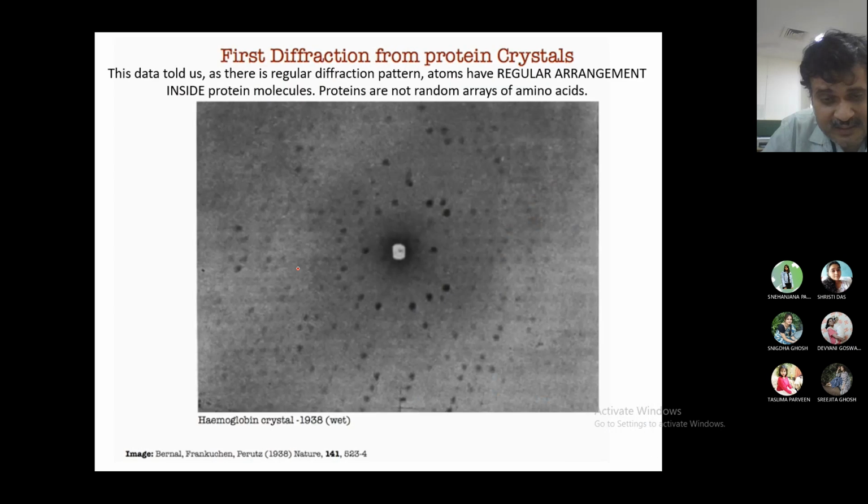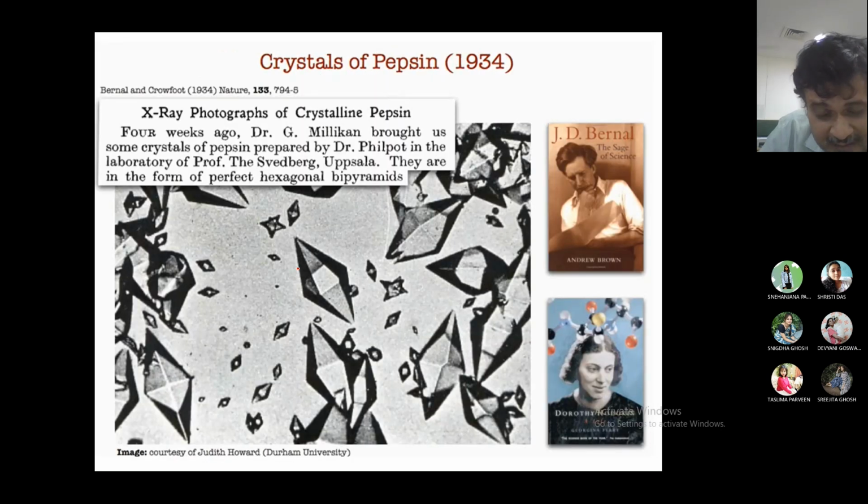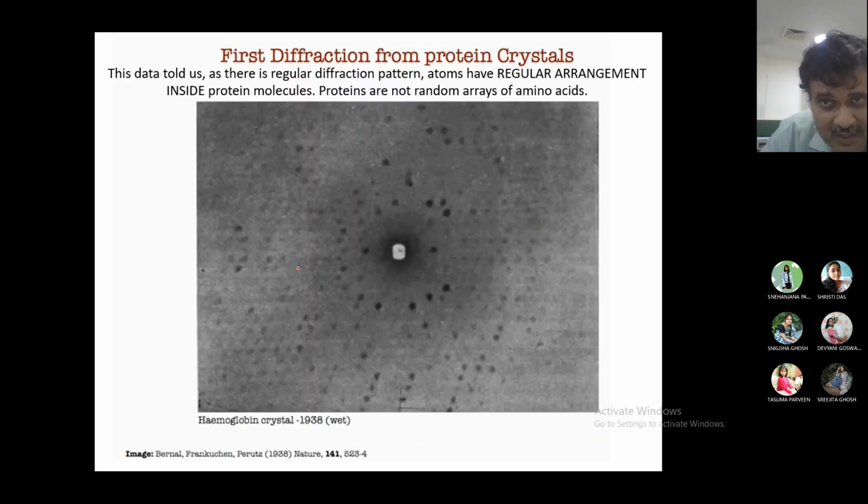The diffraction was done for the pepsin crystals, but the frame was lost. The first frame of a complex protein whose diffraction pattern is known is that of hemoglobin.